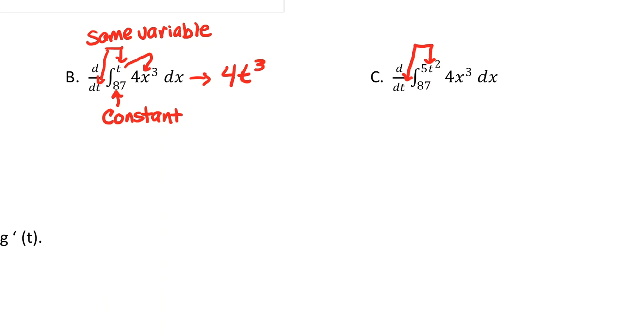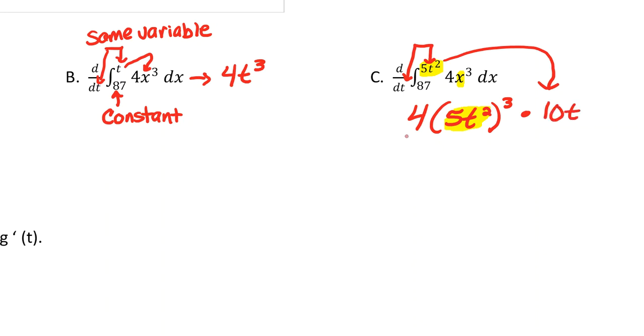So now the only thing we have to remember here is that, yes, we're going to replace our independent variable with 5t squared, but we also have to remember that we need to add a chain rule. So I have replaced the x term with our upper limit, and then don't forget that we have to multiply by that chain rule on that 5t squared. So we're going to multiply by 10t.